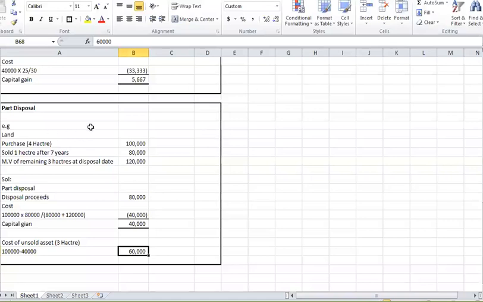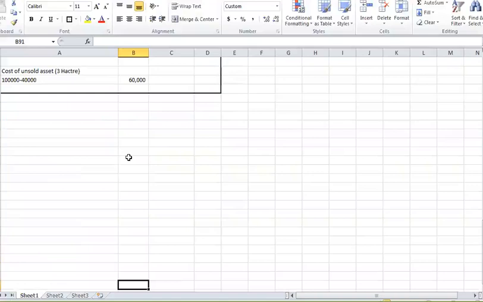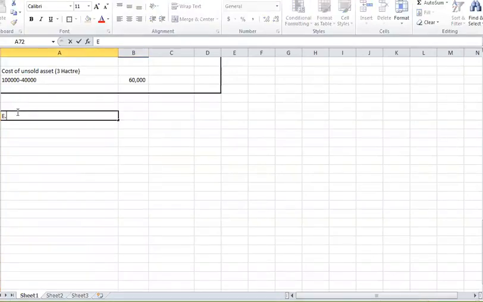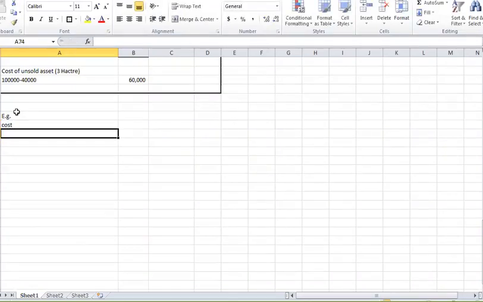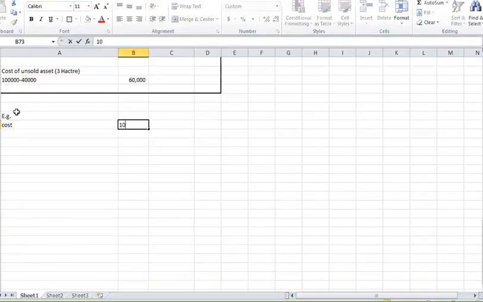For example, suppose we have purchased an asset, a painting, costing £10,000.